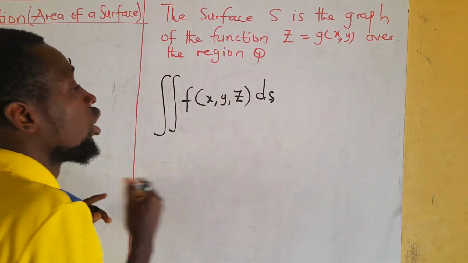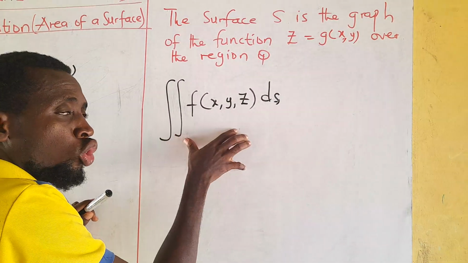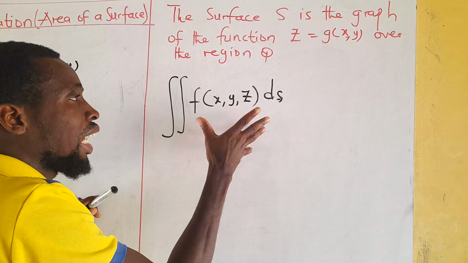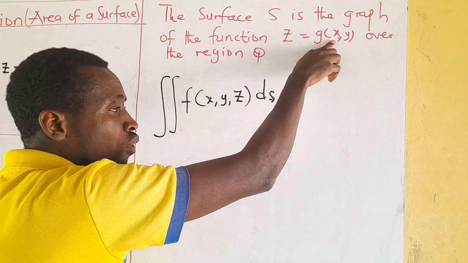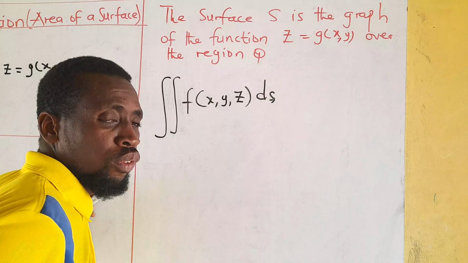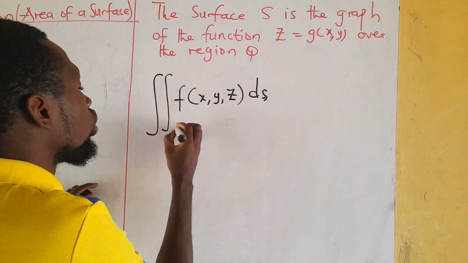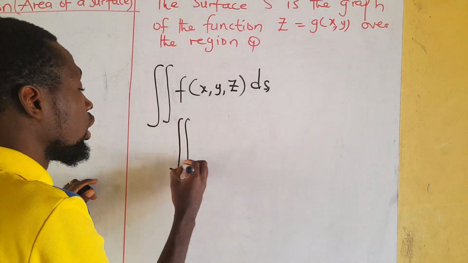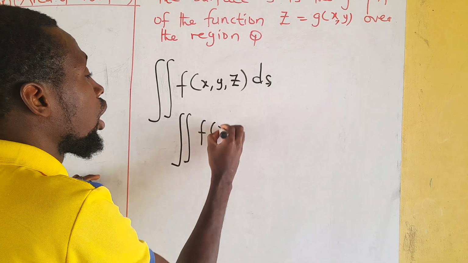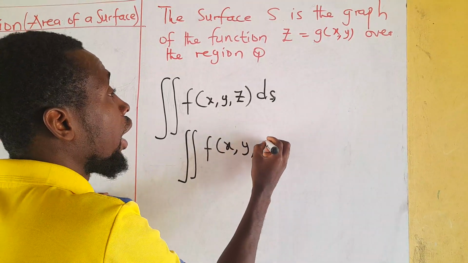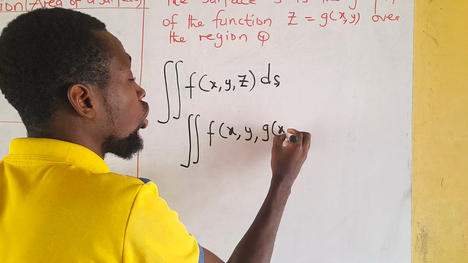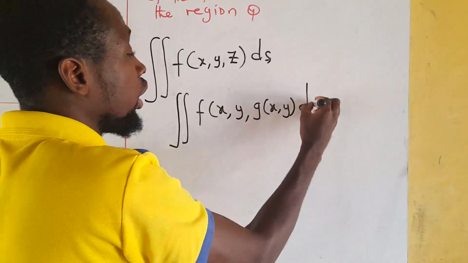Now remember, this is double integration, so it should be based on two variables. And luckily, z is equal to another function dependent on x and y only. So we can say this is double integration of the function f of x, y, and g of xy, ds.